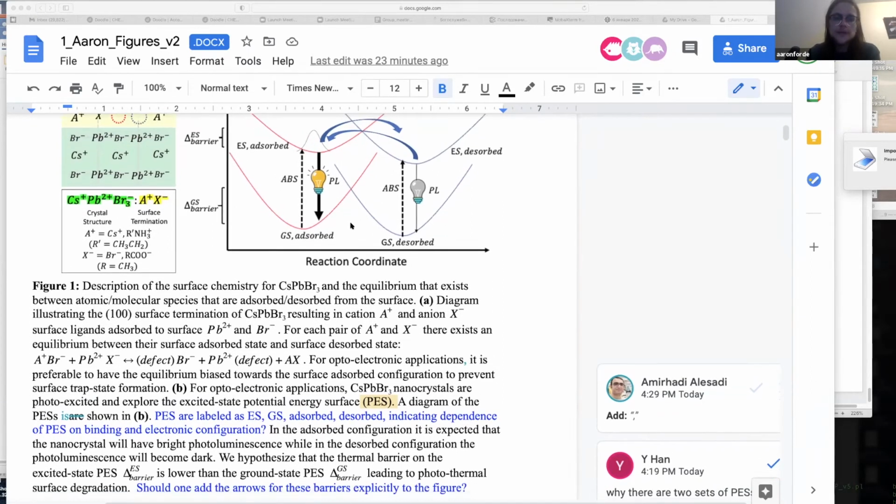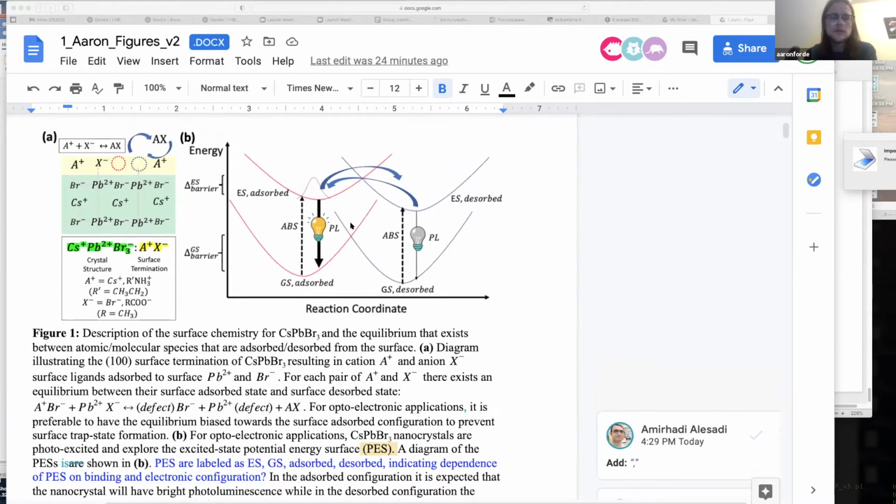Yeah, that's what I tried to do with the brackets on the left hand side, because otherwise it gets kind of with lines going all over the place. But yeah, I can play with something to make it stand out more. Okay.